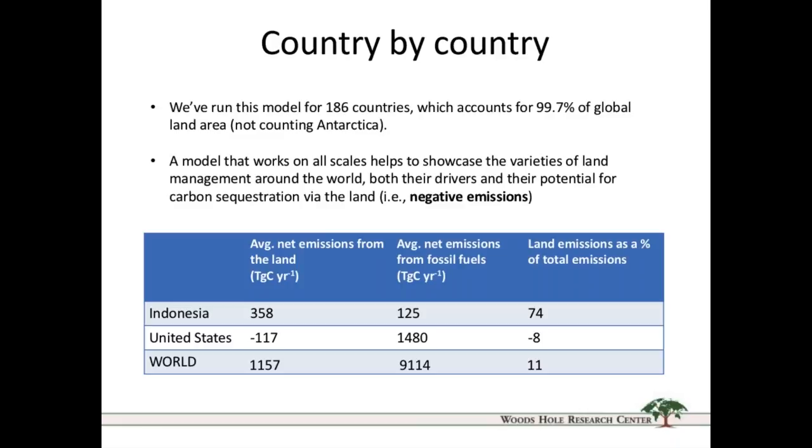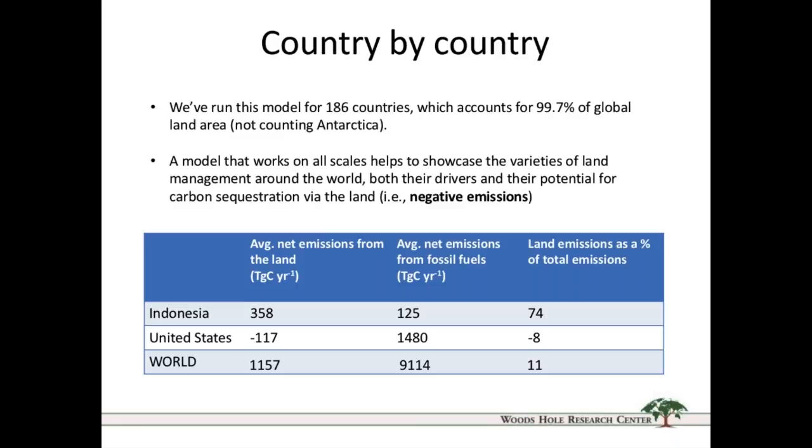We've run the model for 186 countries, accounting for most of the land area. I don't think I'll spend time on this, but the point is, at certain extremes, we have Indonesia with annual emissions currently of somewhere between 300 and 400 million tons a year. Compared to their fossil fuels, something like 74% of the emissions from Indonesia are from land.